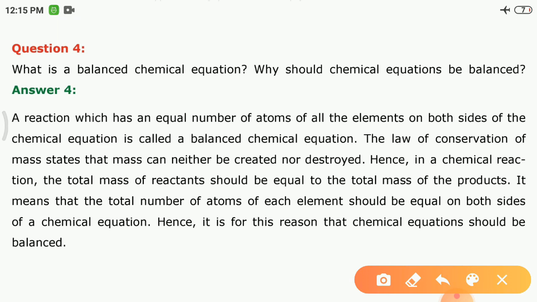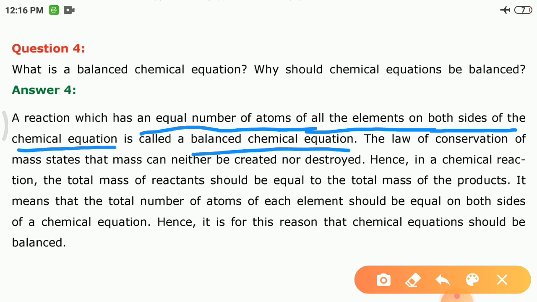So what we should write, that I am going to read. A reaction which has an equal number of atoms of all the elements on both sides of the chemical equation is called a balanced chemical equation. The law of conservation of mass states that mass can neither be created nor destroyed.